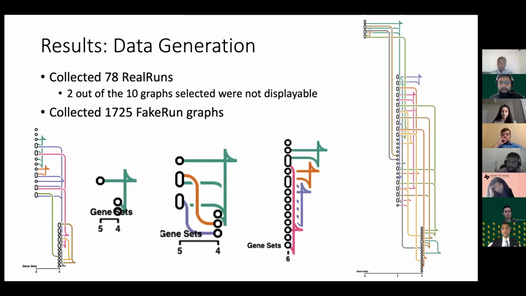So we were able to get a pretty nice distribution of the number of nodes and edges and representation of the graph using this random approach. And then secondly, we collected 1,725 fake run graphs. I don't have any of them displayed here, but we collected all of those.